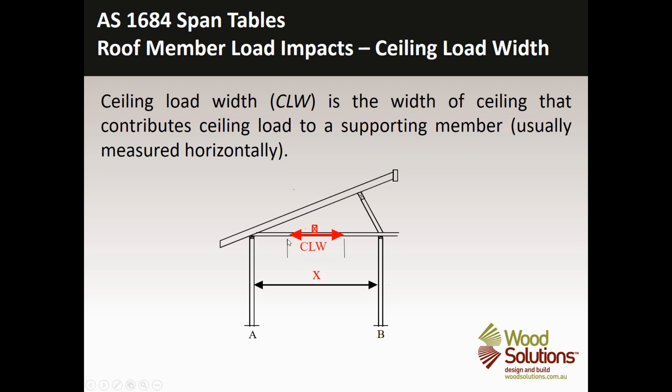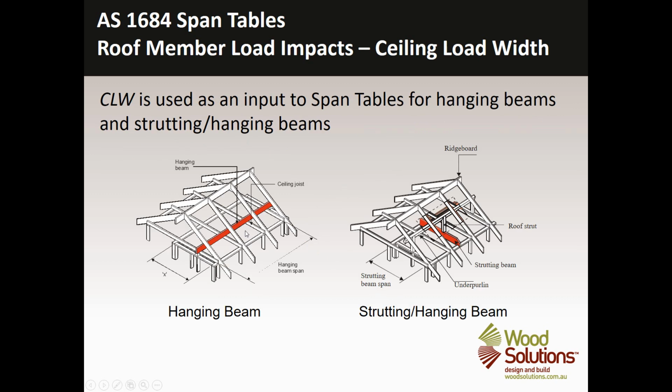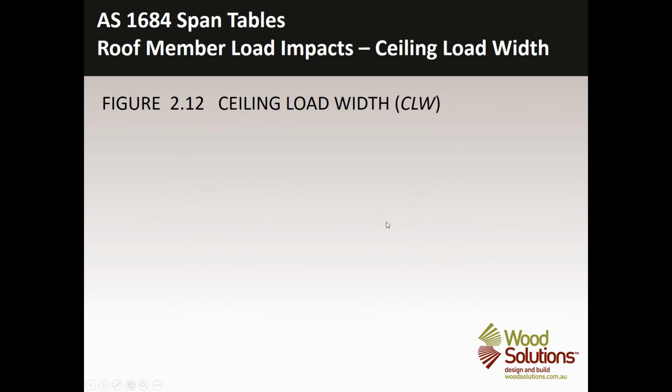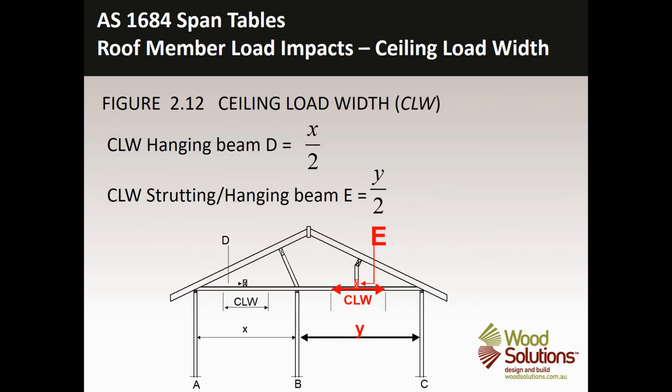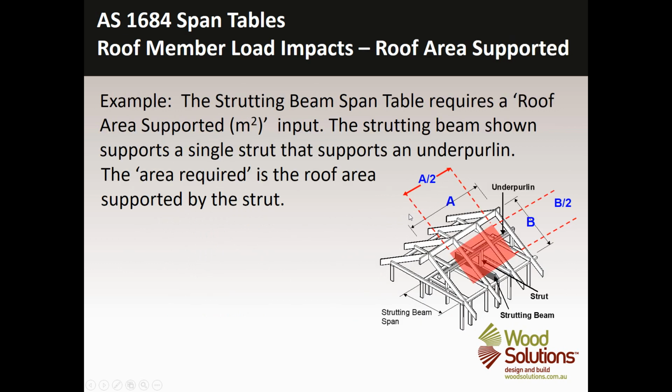Hence, the extents are calculated halfway between the hanging beam and the outside wall, or point of support A. So ceiling load width is used as an input for span tables for hanging beams, and strutting beams, or strutting hanging beams. Yeah, we'll just flick through this quickly because it's all very simple. So it carries half the load between those points.